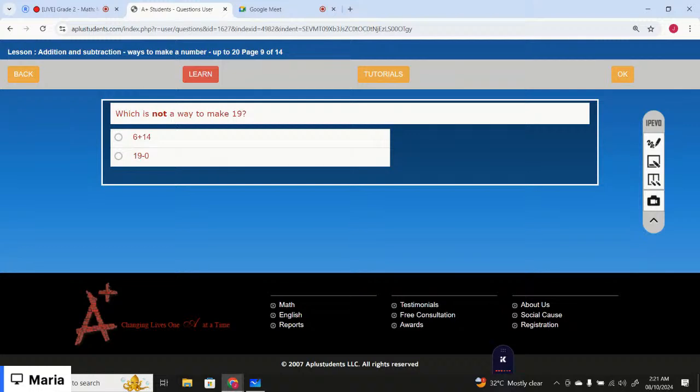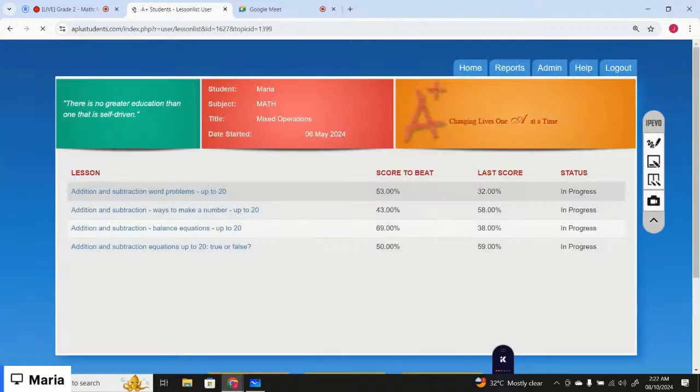Yes, that is option number 1. 14 plus 6 is the correct option. Okay, you can complete the lesson by yourself later today. Let me just move on to the next lesson, that is addition and subtraction, balance equations up to 20.